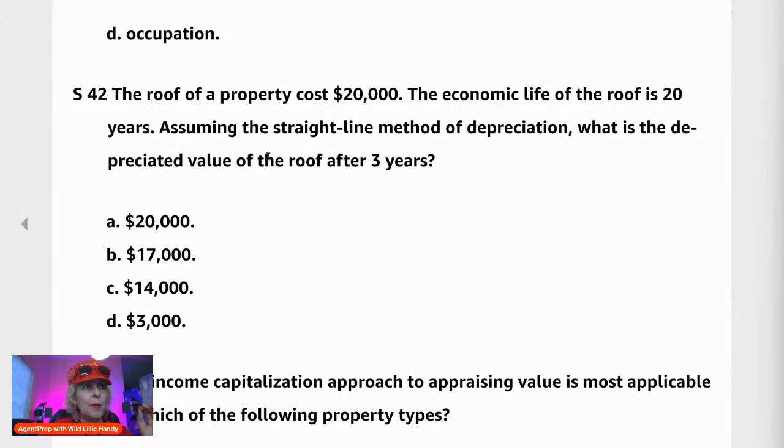Okay, so assuming a straight line method of depreciation, you depreciate it the same way every year. It says the economic life of the roof is 20 years, right? So 20,000 divided by 20, it depreciates 1,000 a year.